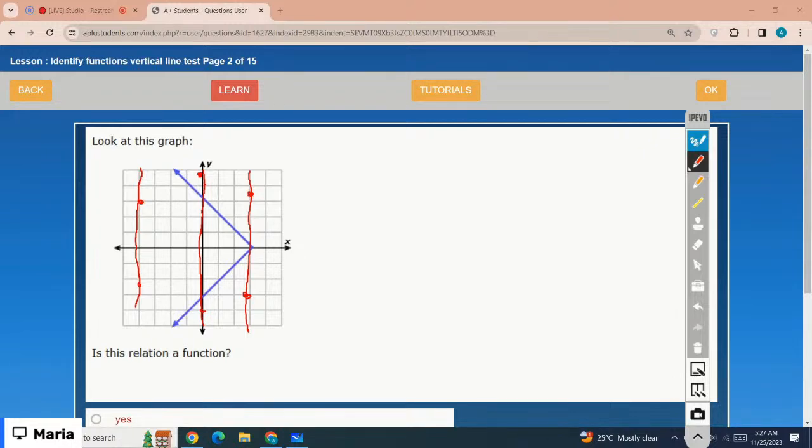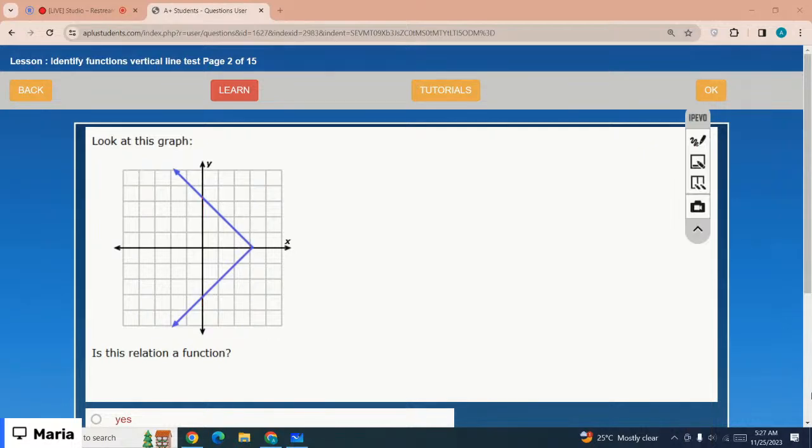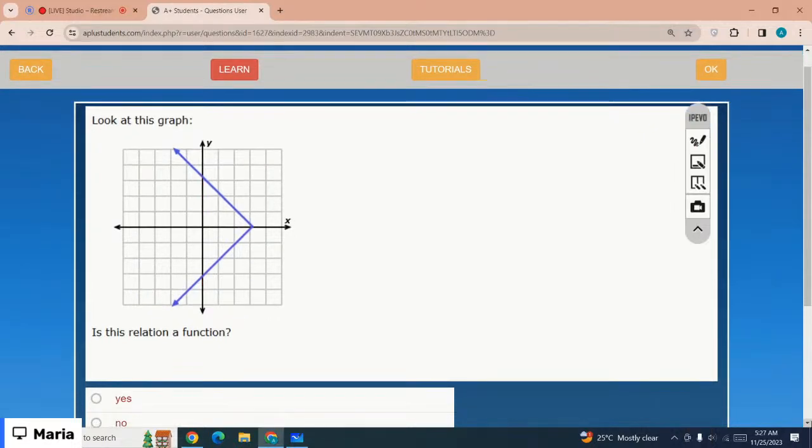Also look at this graph. Is this relation a function? The correct option is no, because the vertical line intersects the graph at more than one point.